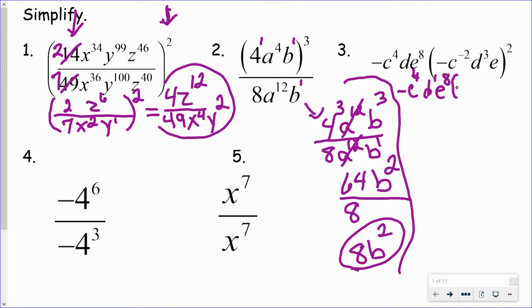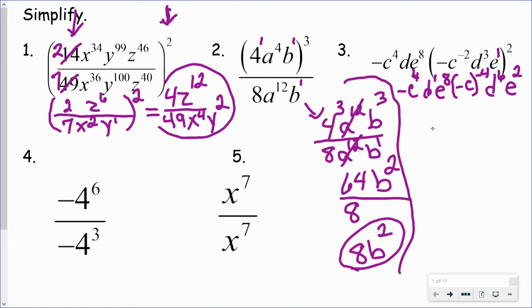Then we have a negative c, power to a power, negative 4, d to the 6, e to the 2. Okay, now remember, we want to keep those exponents happy.